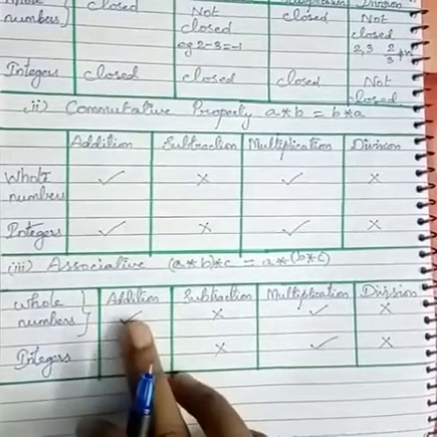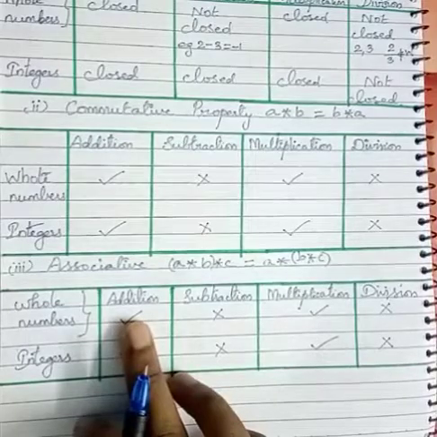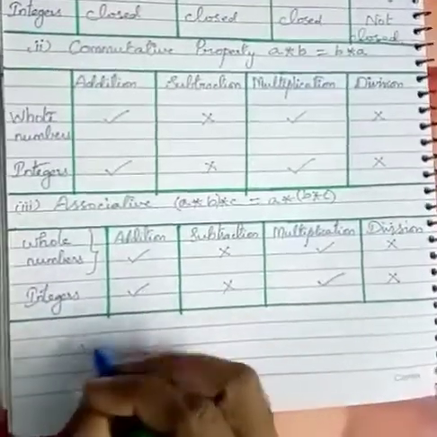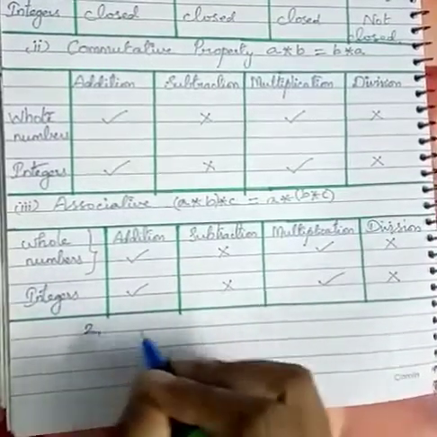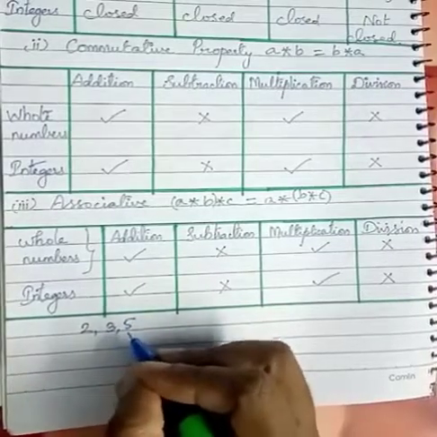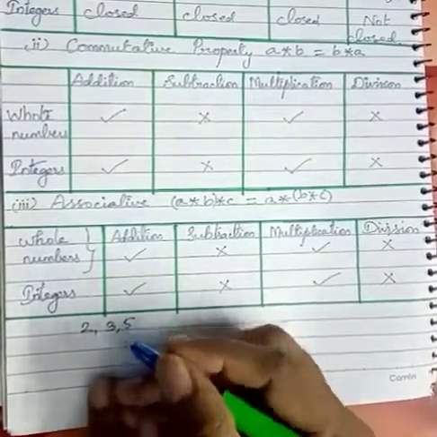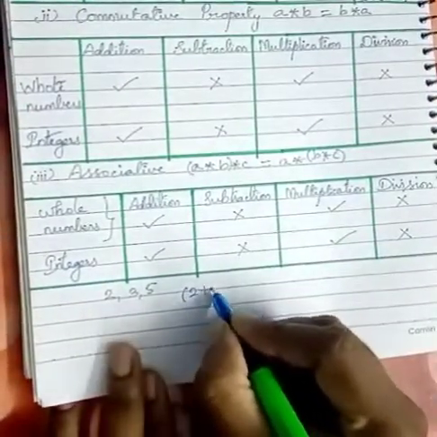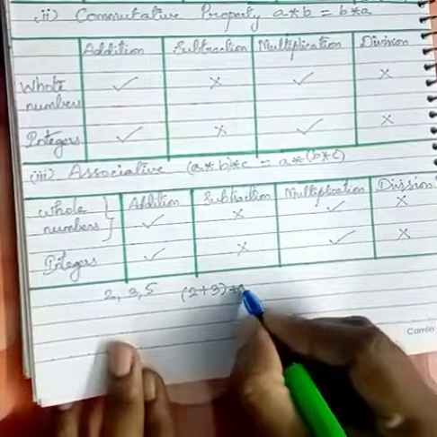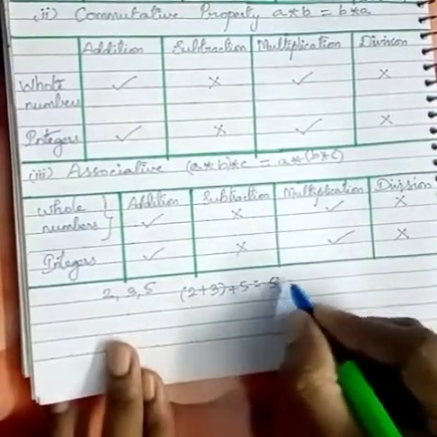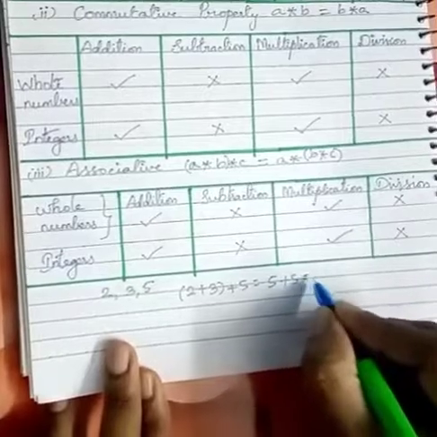So consider addition. When you talk about associative property, for example take three elements, 2, 3 and 5. I am applying the associative property under addition for whole numbers. What I am doing is (2 plus 3) plus 5. What is the result? 2 plus 3 is 5, and 5 plus 5 is 10.